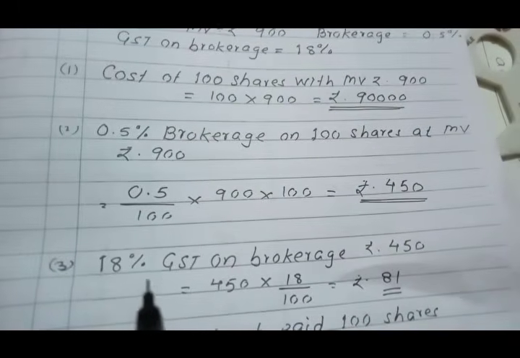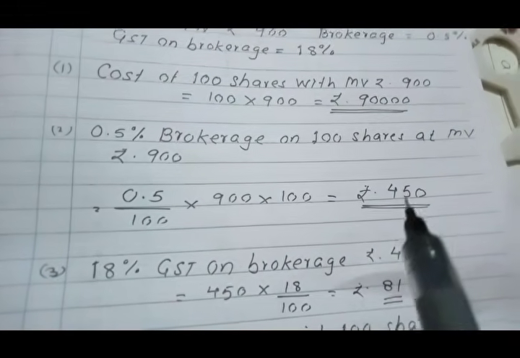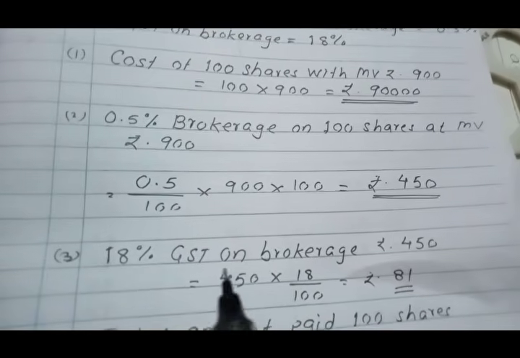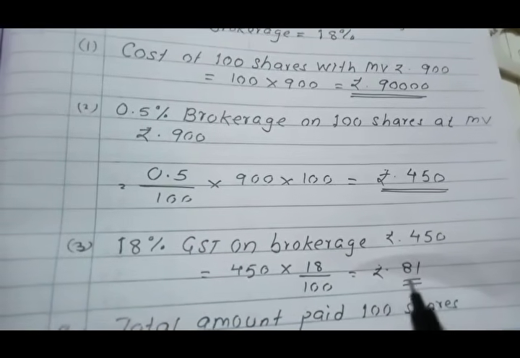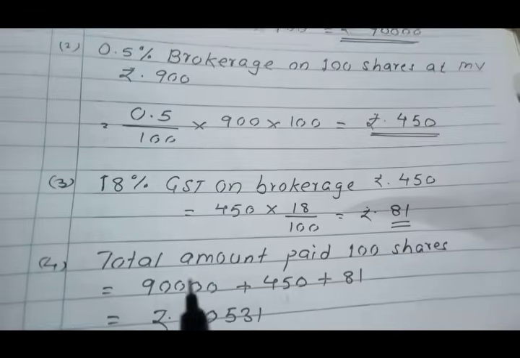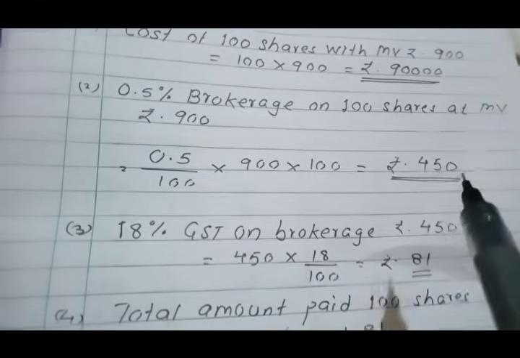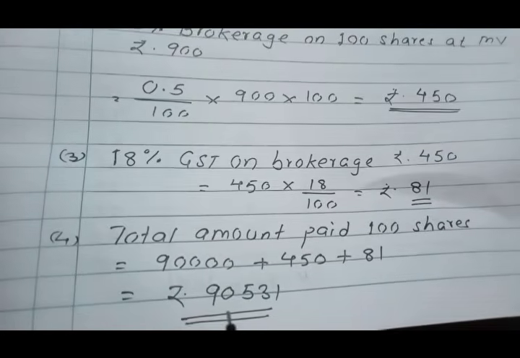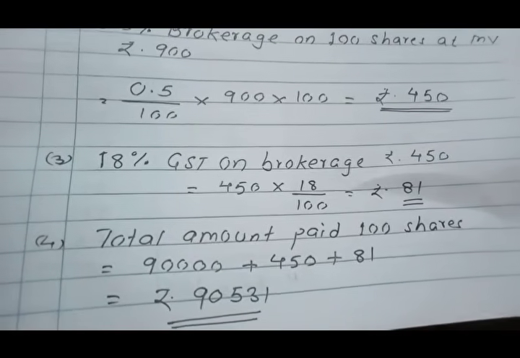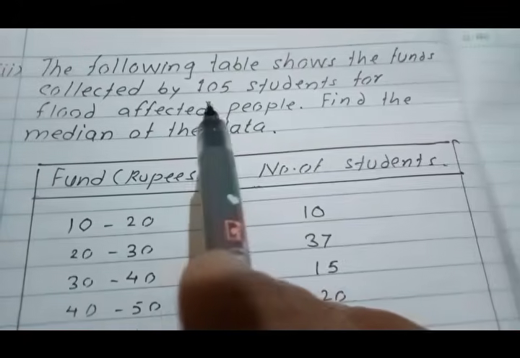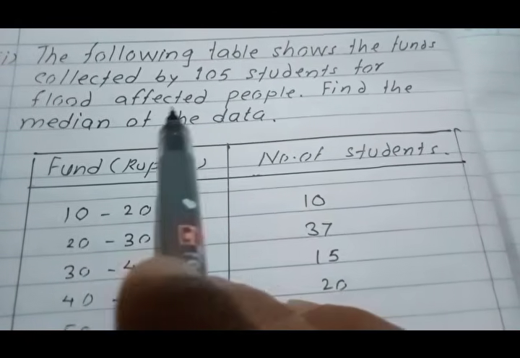Then number 3, 18% GST on brokerage amount 450: 450 into 18 upon 100, the 0 cancels, multiply, rupees 81. And number 4, total amount paid for 100 shares: 90,000 plus 450 plus 81, so 90,531 rupees.